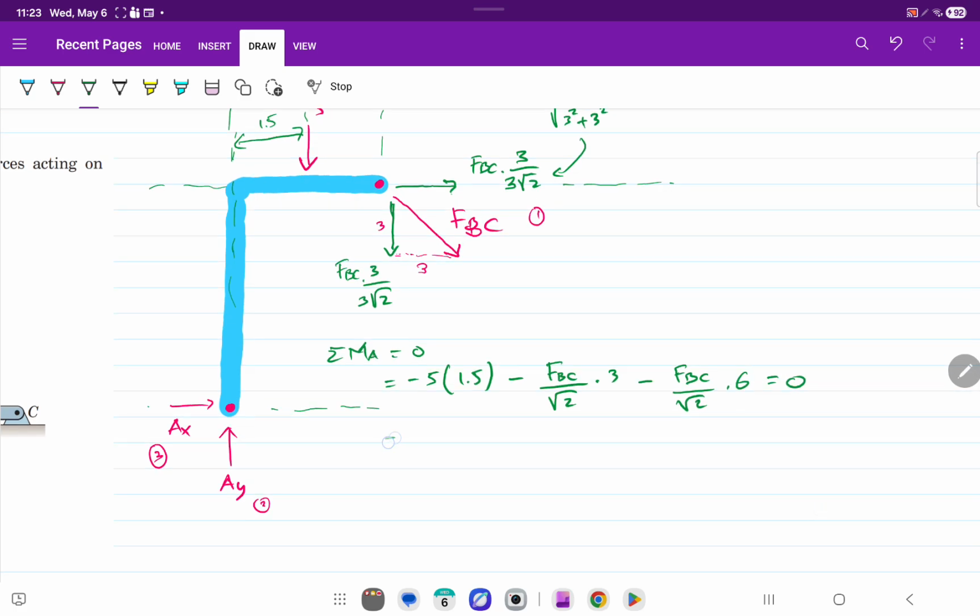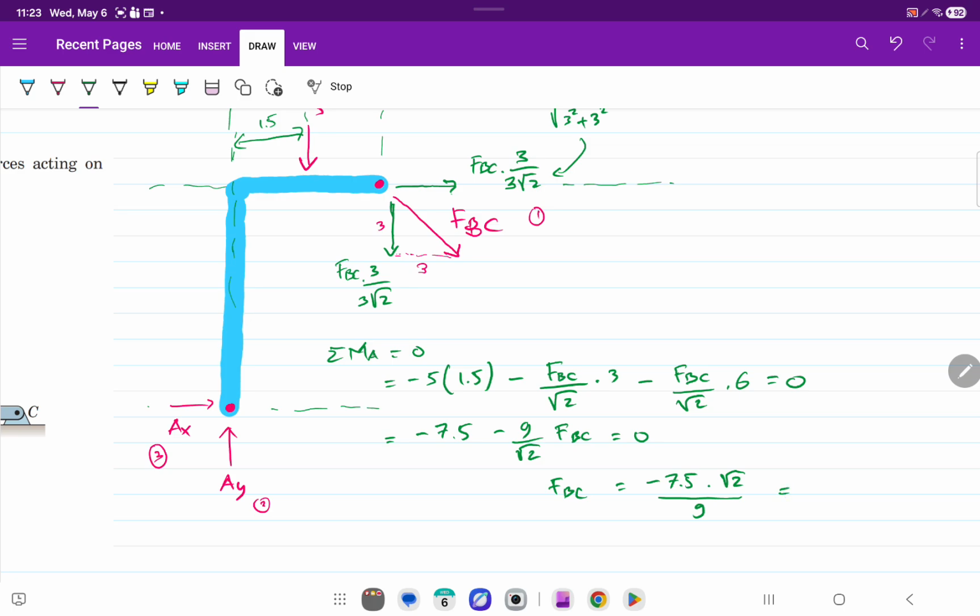So that's minus 7.5, and then that becomes minus 3 minus 6, so minus 9 over square root of 2 FBC equals 0. So your FBC will be minus 7.5 times square root of 2 divided by 9.